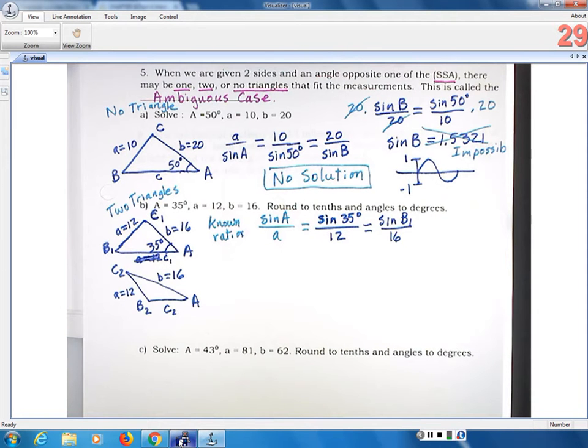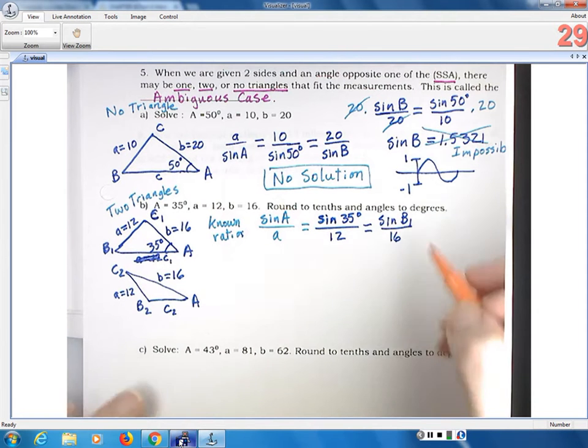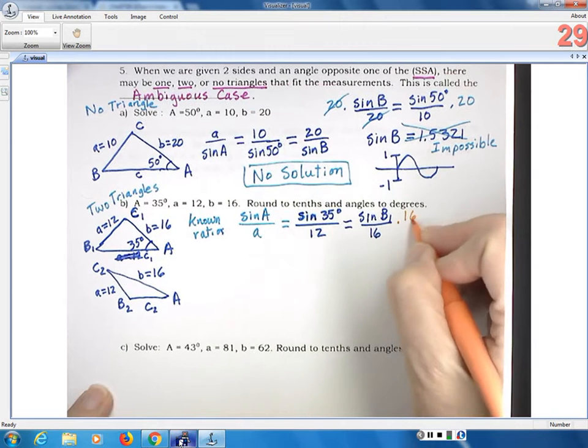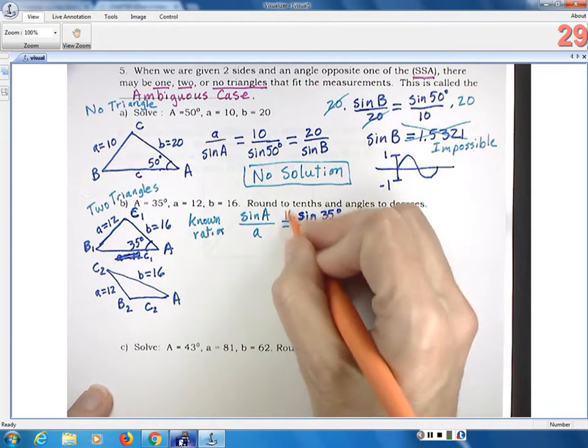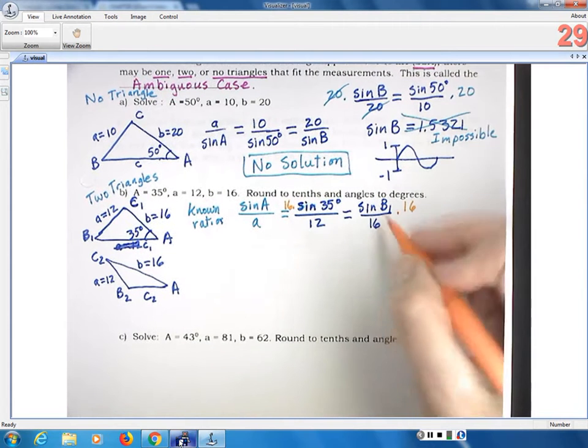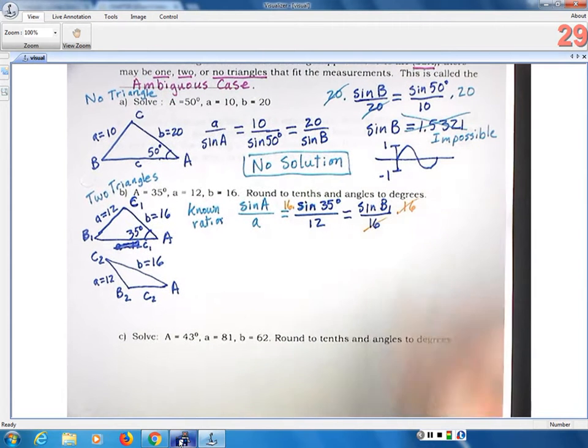We're going to do times 16. I think it's a little easier to flip it if you're looking for angles when I don't have two angles, but you can do it either way.